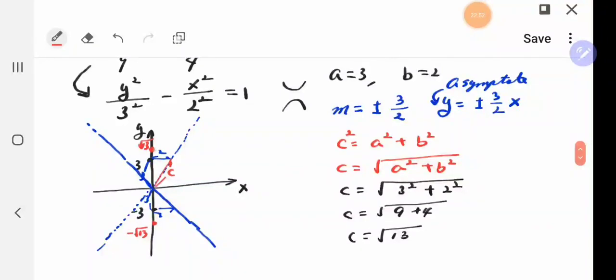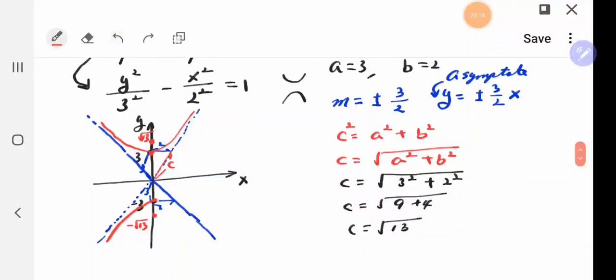Starting from this vertex, it looks like this, approaching the asymptote, and from this vertex also approaching this asymptote.